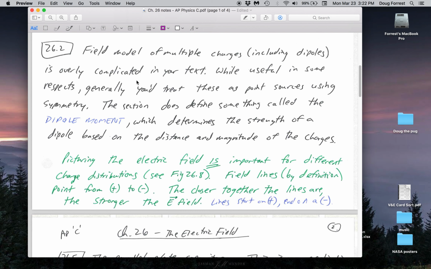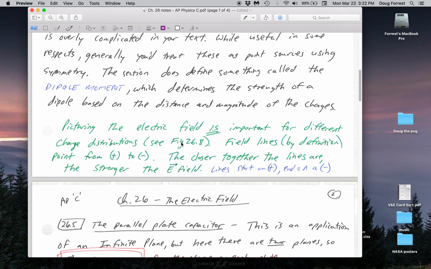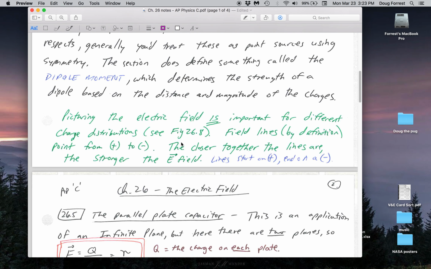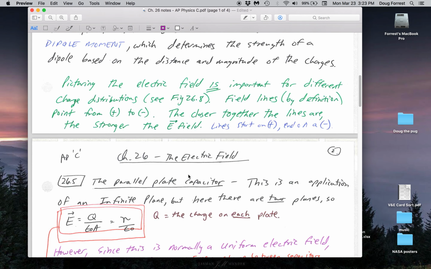But the main thing you need to know is a dipole is a molecule that's got a partial positive and a partial negative on it. And so it actually can create something called a dipole moment. I don't think that's important. I think you could predict the electric field in between a dipole if you know the amount of charge and how far apart they are. So field lines, again, pointing from positive to negative. I'm not going to worry too much about dipoles.